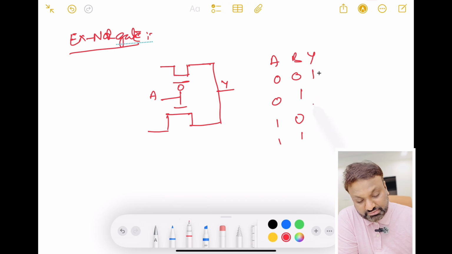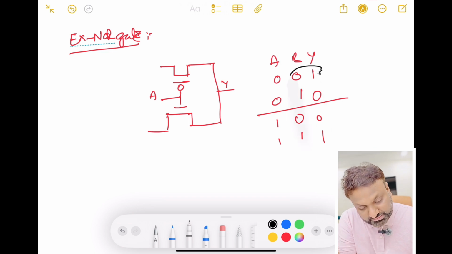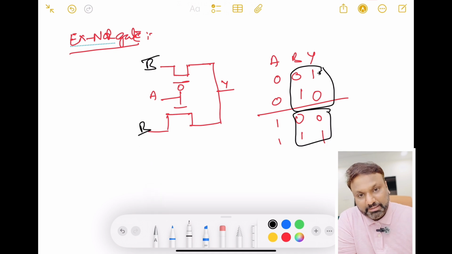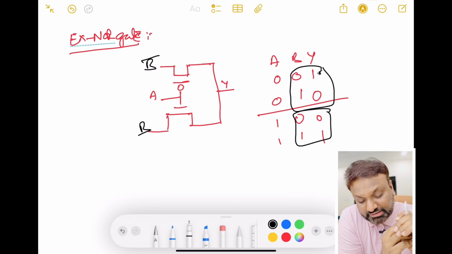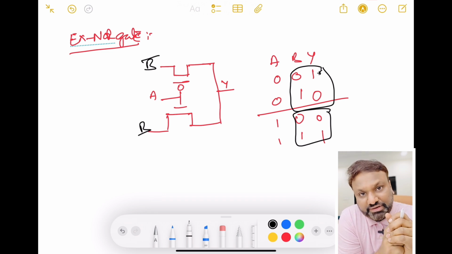So what is the input here? When A is equal to 0, Y is nothing but B bar, and when A is equal to 1, Y is nothing but B. Okay, so this is the simple construction of the logic gates by using pass transistors, right?